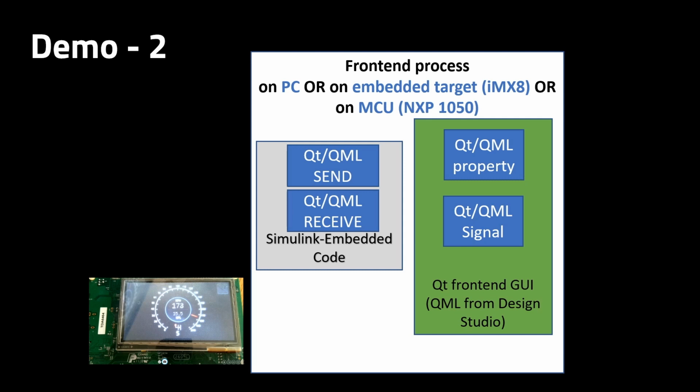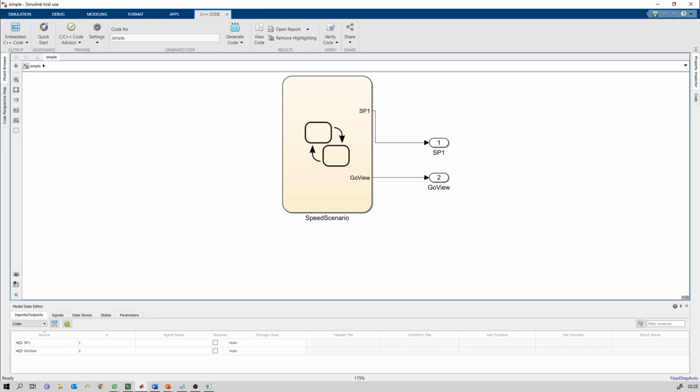For this example, I have another simple model which is here, and this model outputs only one value, which is the speed value. This simple model can be used to generate the C code of the model itself, and the generation of the C code is done by Embedded Coder of Simulink.